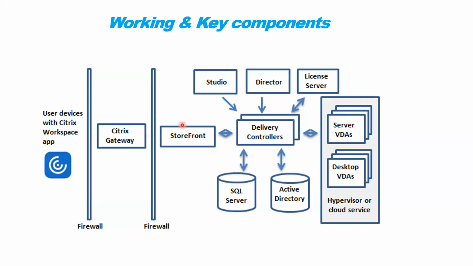Then Studio, Director, and the License Server come under the key components of setting up the Citrix infrastructure. It could be XenApp or XenDesktop. In the back end, we have the server VDA, virtual delivery agents, and the desktop VDA. These are the agents installed on the Citrix server.